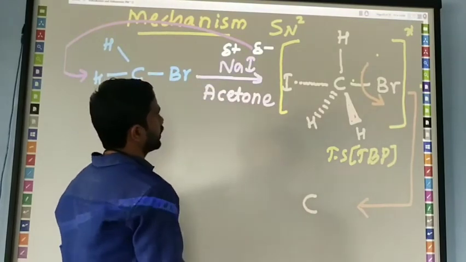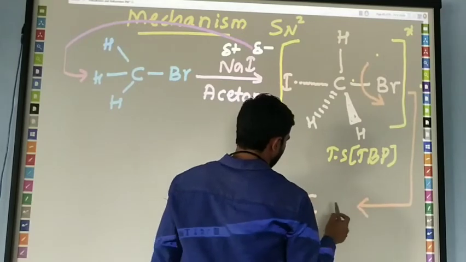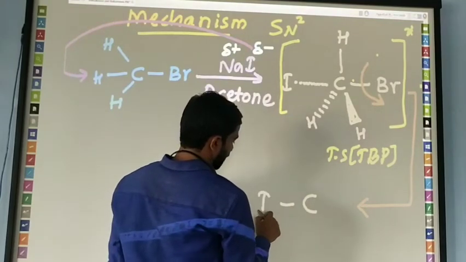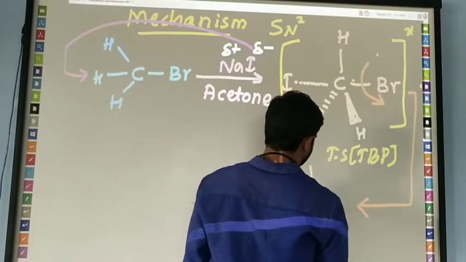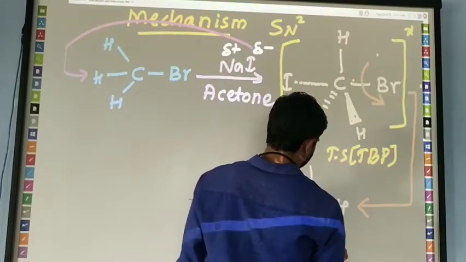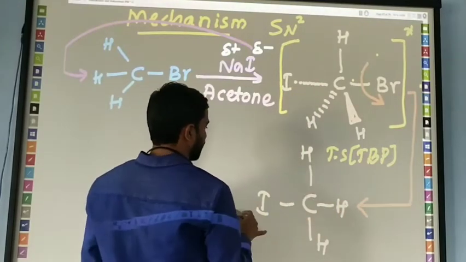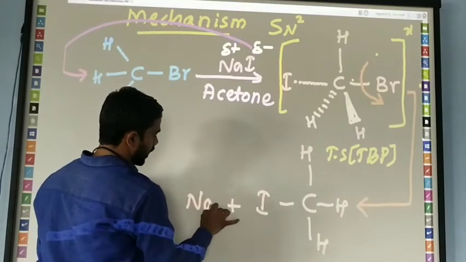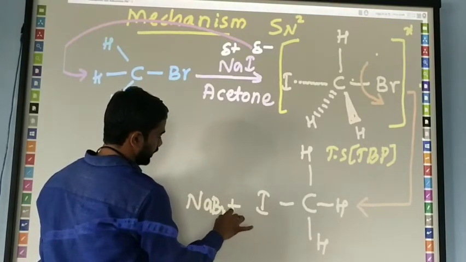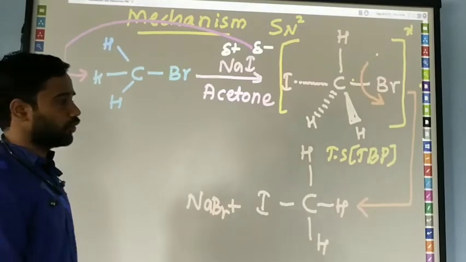The iodine is going to attack from the back side, definitely forming the C-I bond here. The rest of the hydrogens are written here. With that, we form another side product, NaBr. Just try to find out which type of product is going to form.